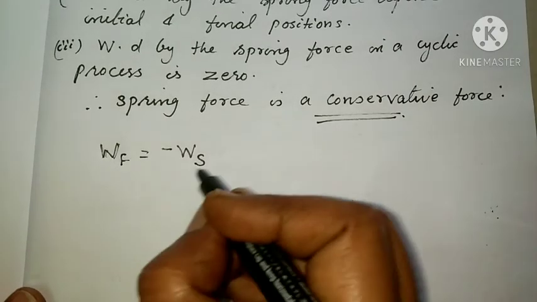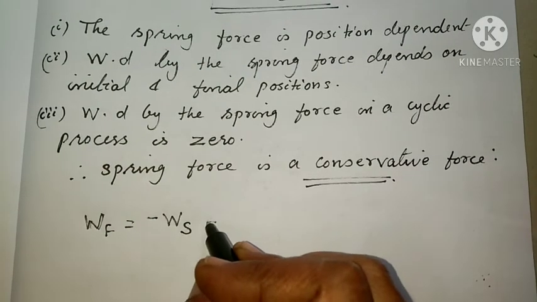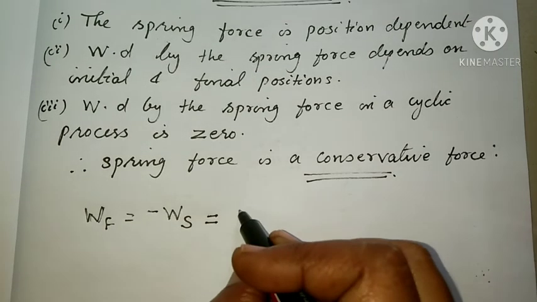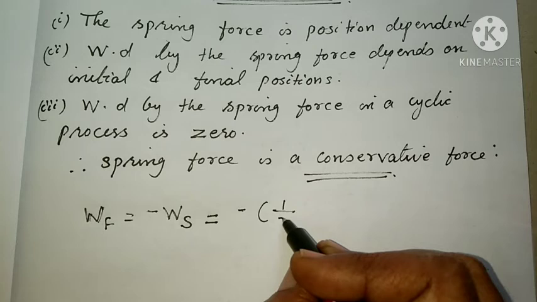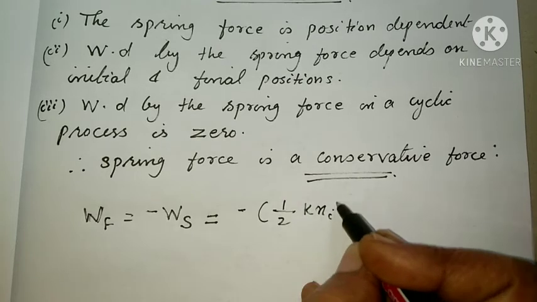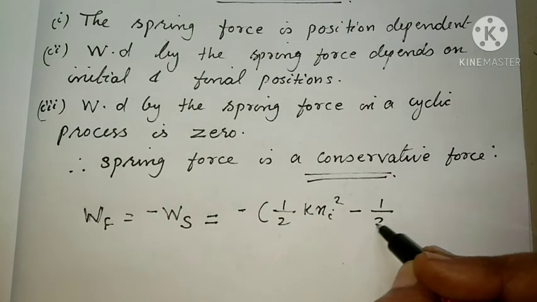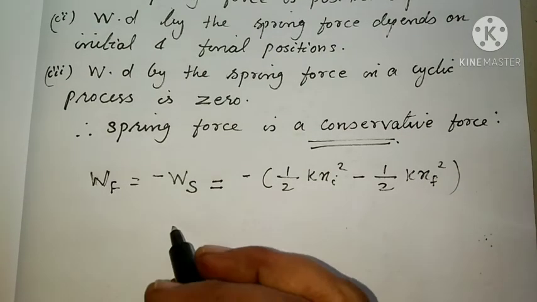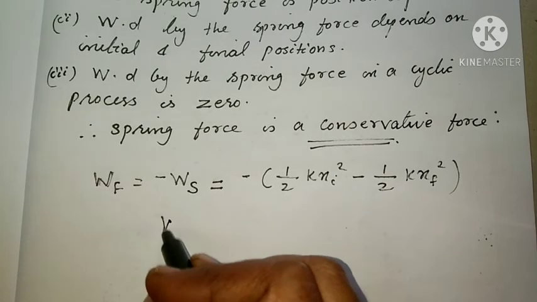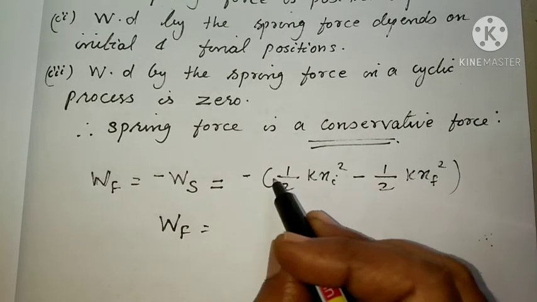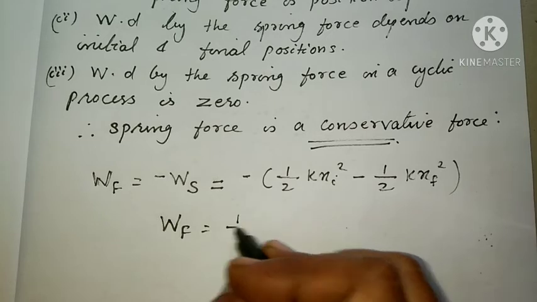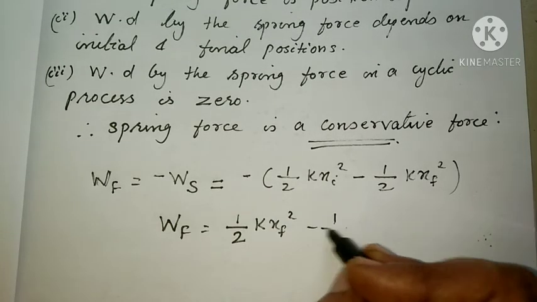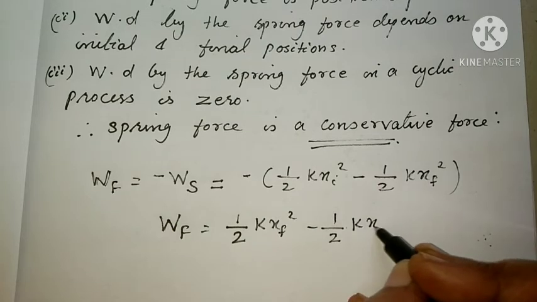So what is Ws? That is equal to half k xi square minus half k xf square. So we can write minus of half k xi square minus half k xf square. So the work done by the applied force, minus into minus plus, is half k xf square minus half k xi square.